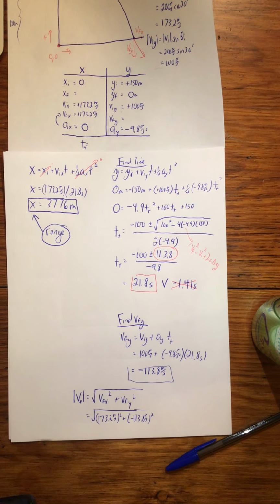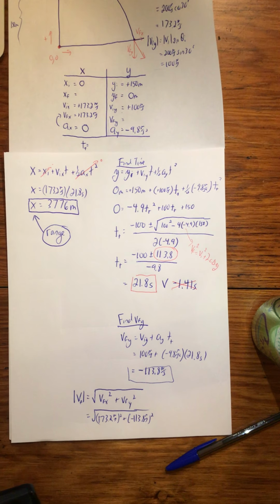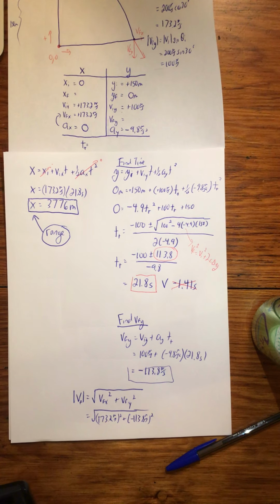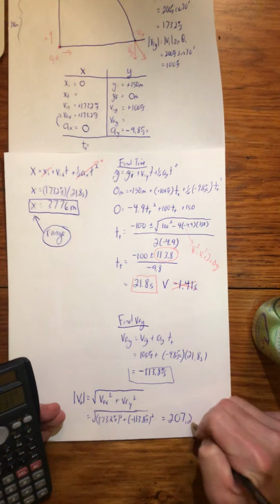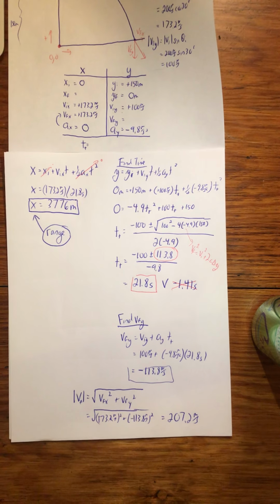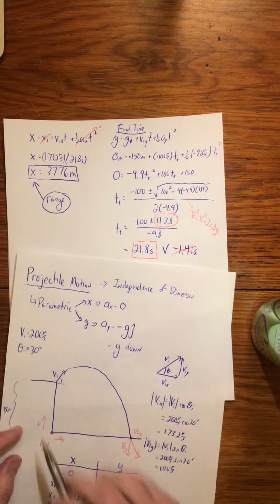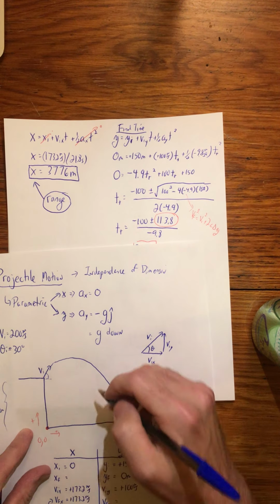Throw that into our calculator. 113.8 squared plus 173.2 squared, square root of quantity, and you get that this answer is 207.2 meters per second, which should make sense. It should make sense that it is faster than the initial speed because it had time to go up and then come back down.